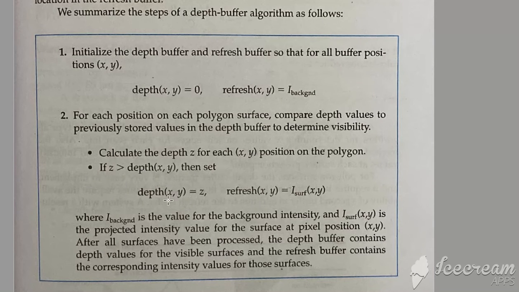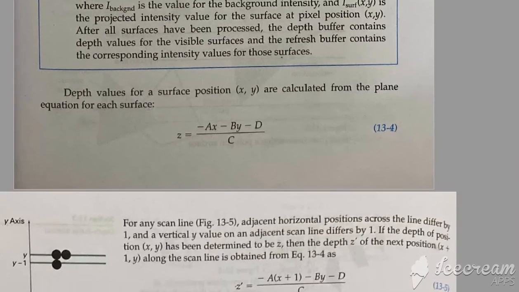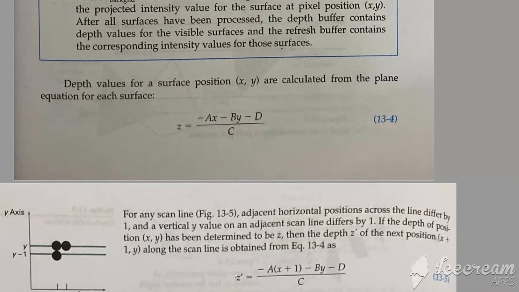If so, the depth of x, y is stored as the larger Z value, because we are taking case 1, where the larger Z value is closer. The refresh buffer is updated with the intensity value of that particular pixel.